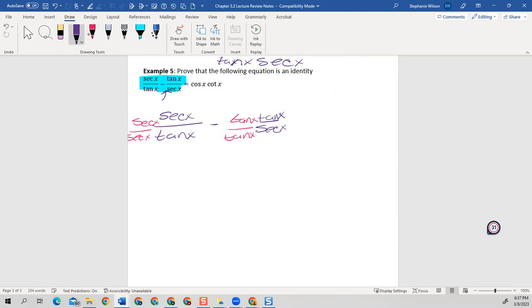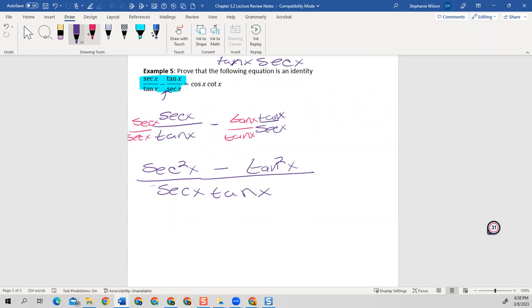Now that I've done that, I got secant squared x all divided by, well, let's go ahead and do this, minus the tangent squared x all divided by secant x tangent x. Okay. Now that I've done that, I'm going to acknowledge what's my numerator. Well, what is the numerator?